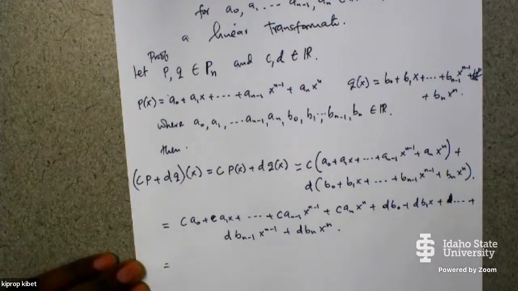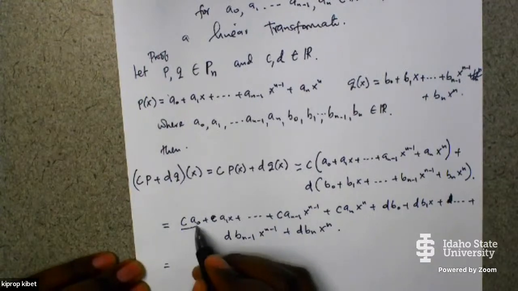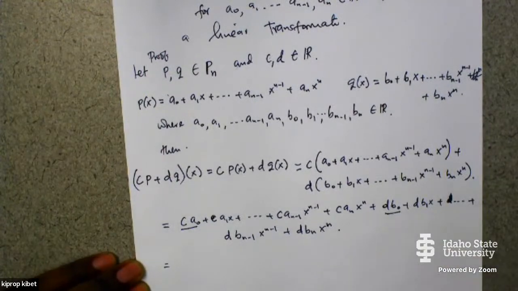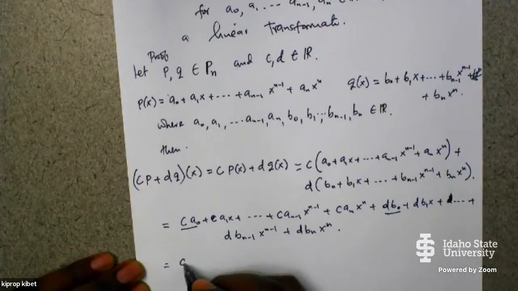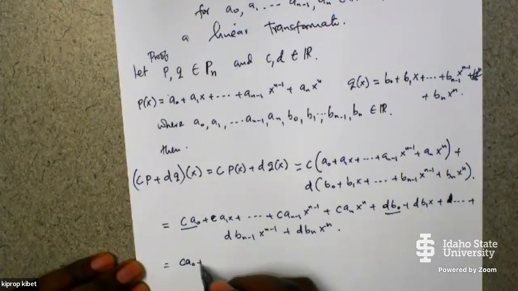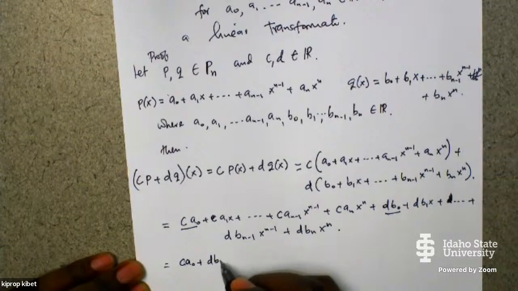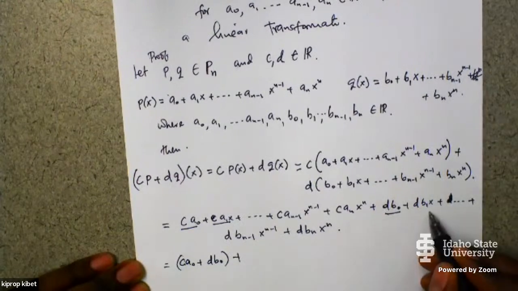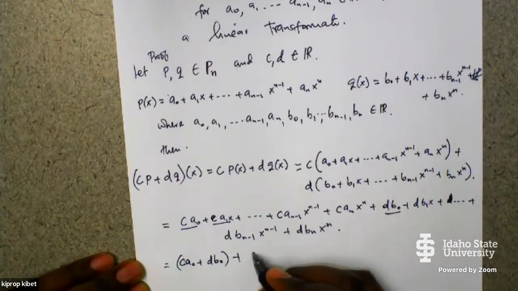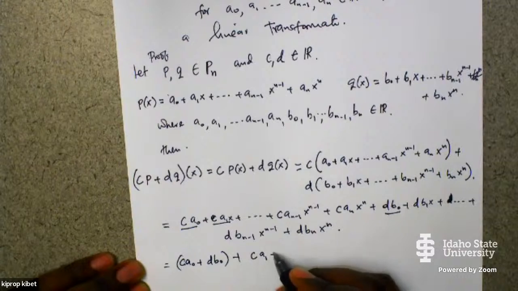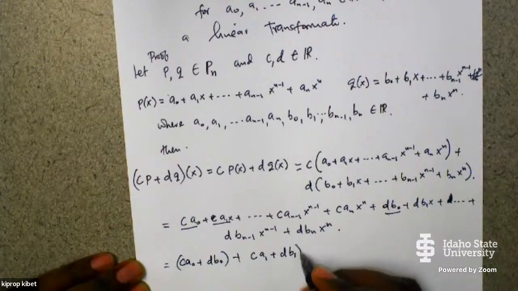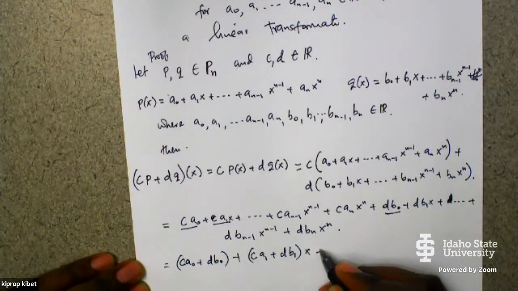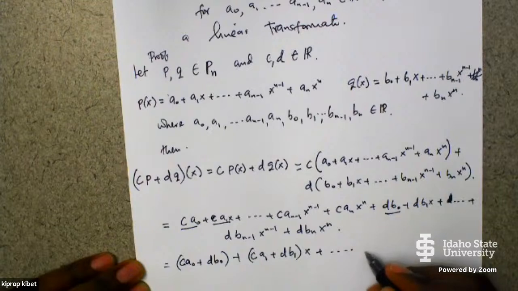We can put the constants together, which is C a0 plus D b0, then we can factor out x in the first one: (C a1 + D b1)x, and you continue like that.